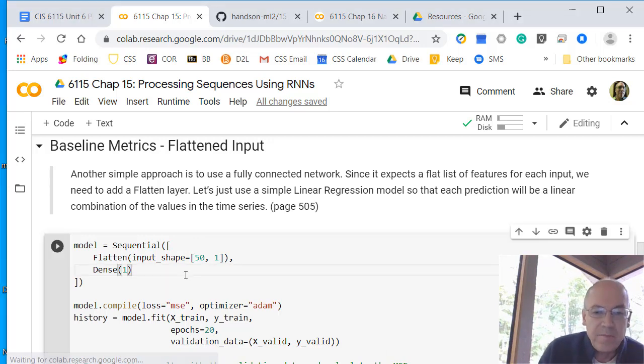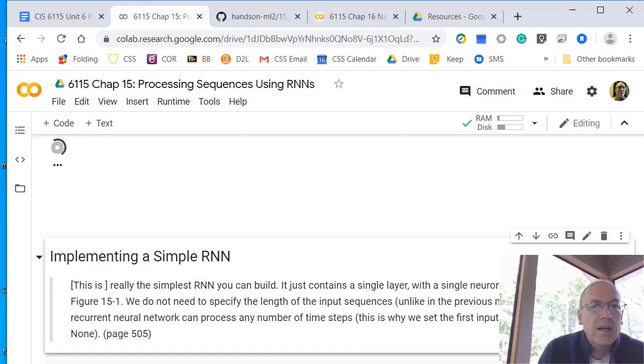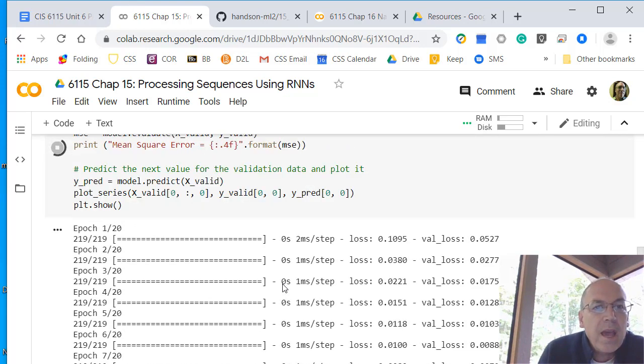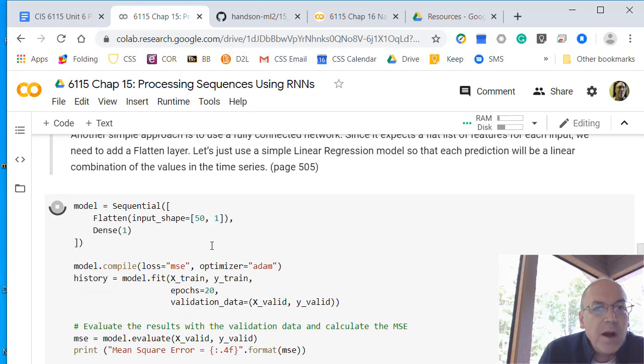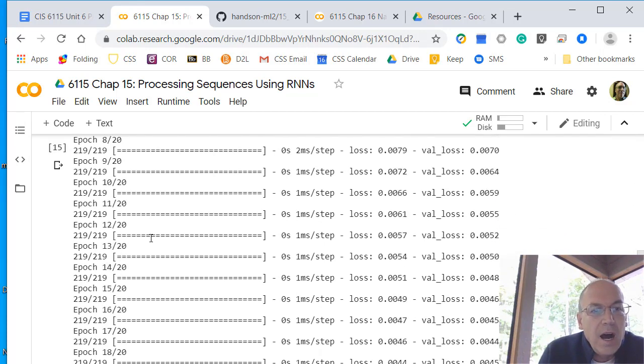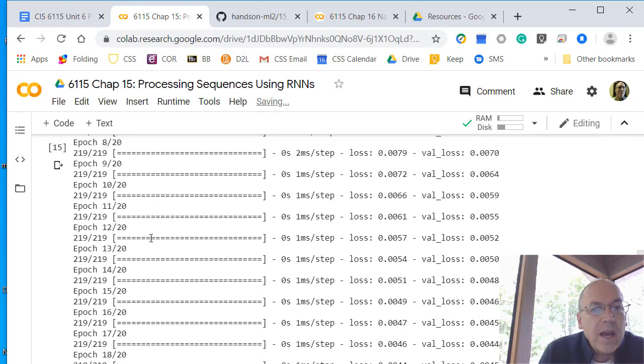Another baseline metric is to say, let's just take the last couple inputs and flatten them out. Just look at the last so many inputs and feed them into a normal network with a simple unit here. So this is another baseline unit, and again, we'll train that and set that up.